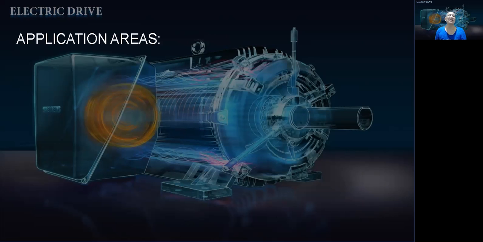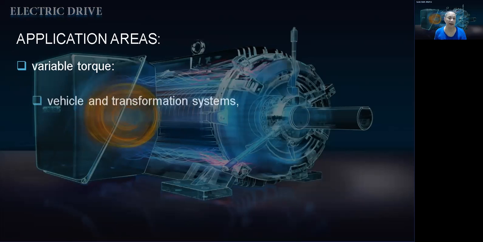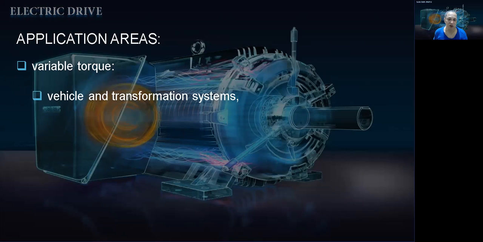Yeah. So the first application area of motors is variable torque. Applications that can have a torque as desired by the client, by the engineer. For example, vehicles and transportation systems.